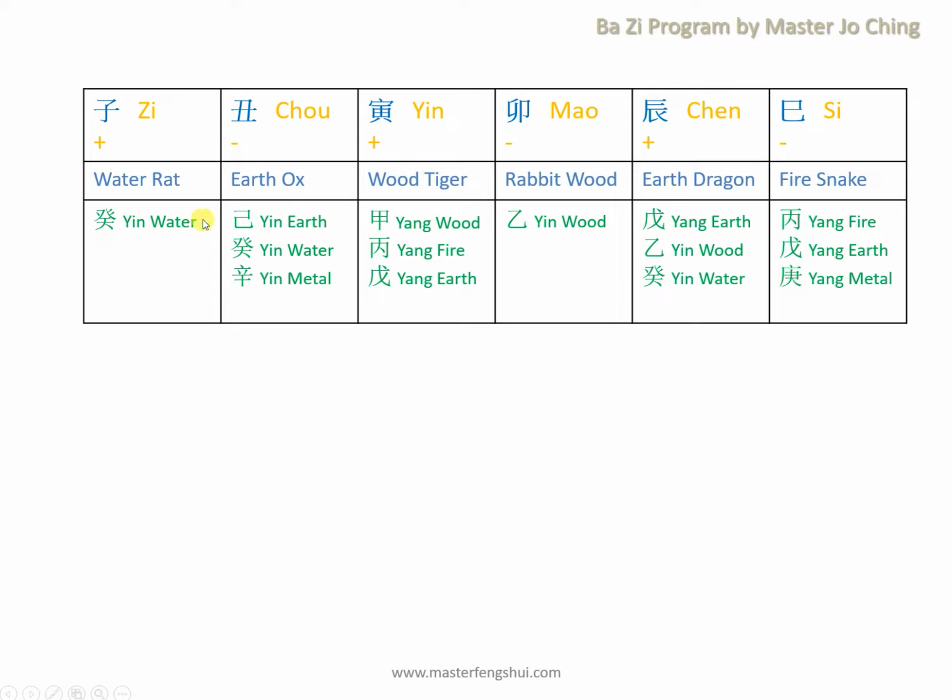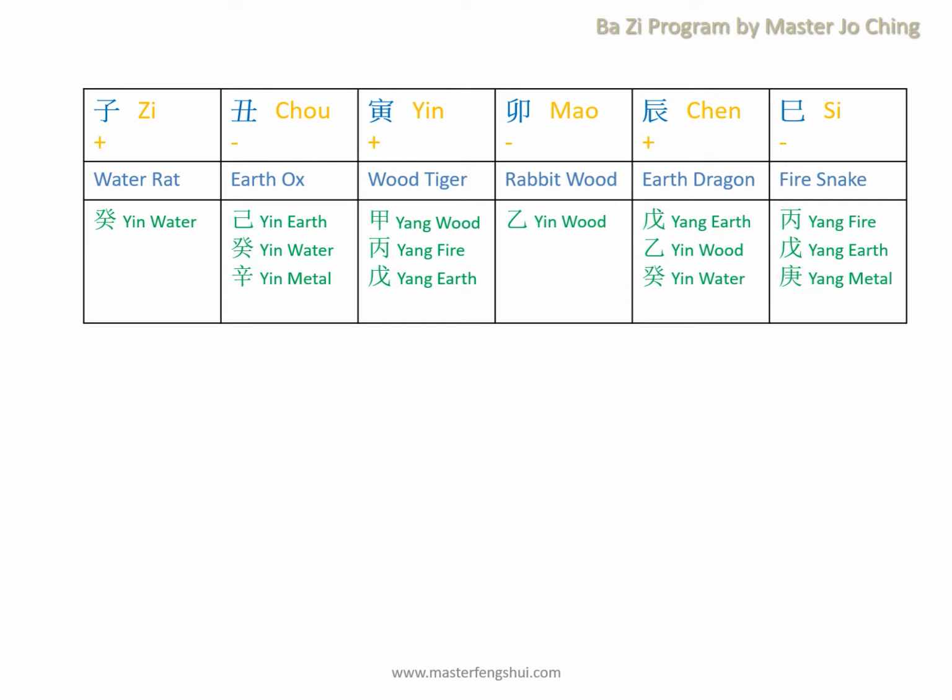Those words here in green are the so-called hidden stems. For example, 子, water rat, only carries 1 hidden stem, which is known as 癸, or you call it the yin water, which is a yin polarity.